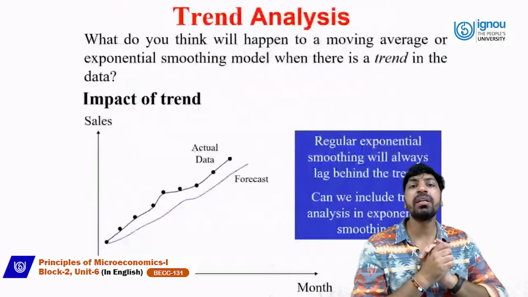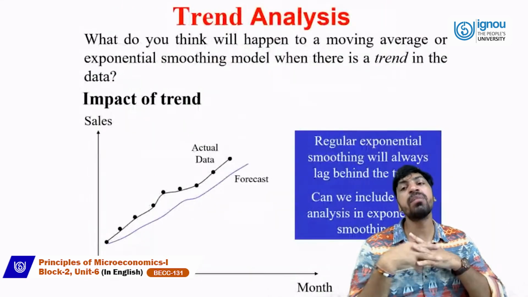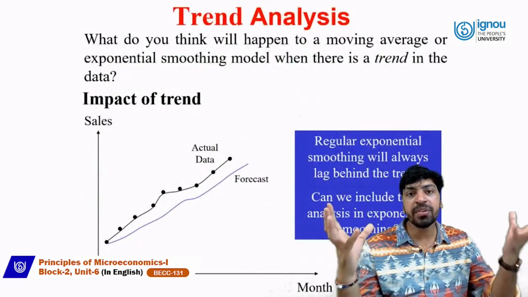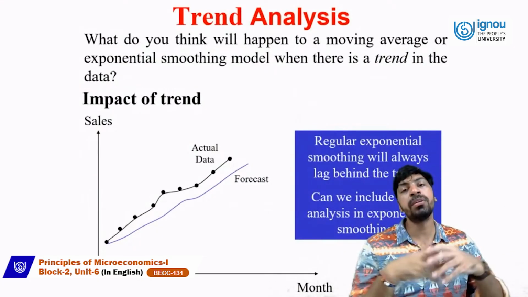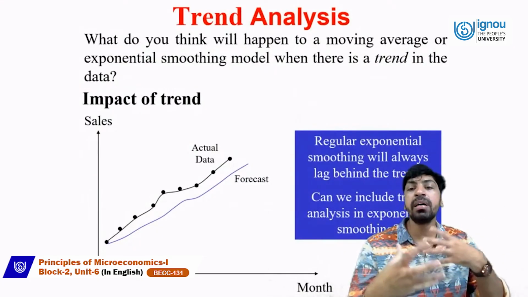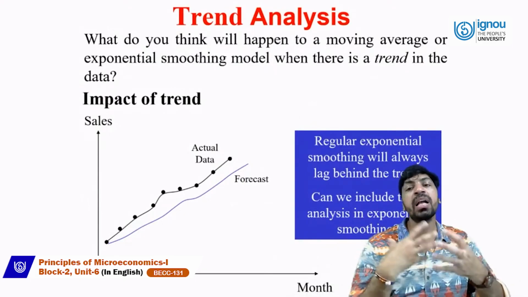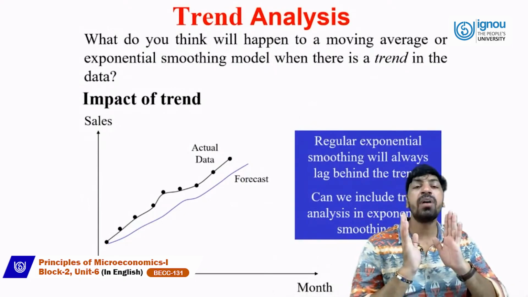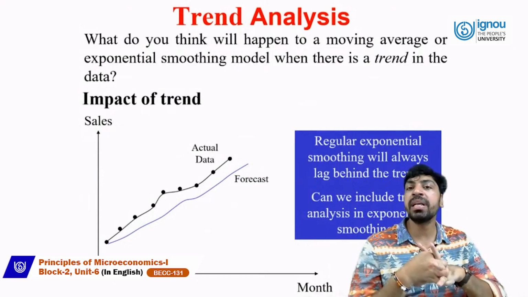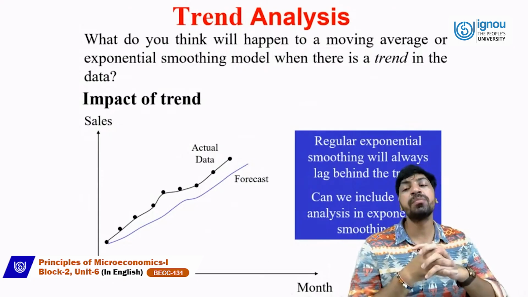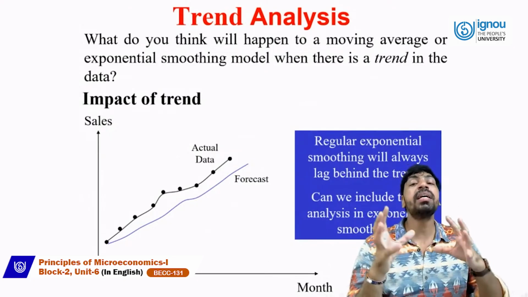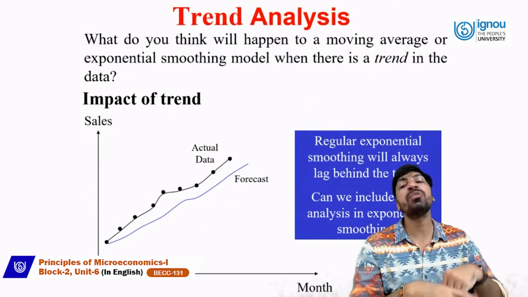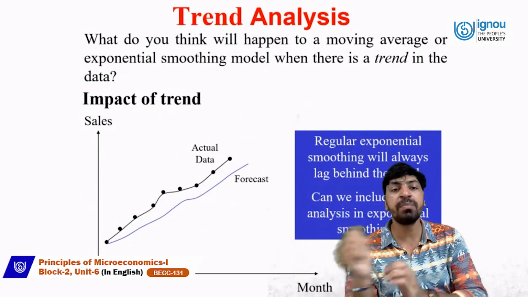Next, we talk about the trend analysis. This is one of the most important concepts: how the trend is to be drawn and what kind of data could be included in such analysis. So let me tell you, under the trend analysis of the exponential smoothing, the regular past data of the relevant past periods will be included.